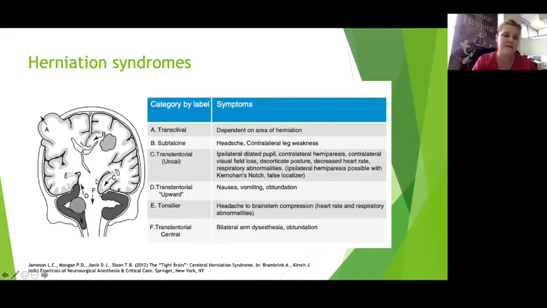But sometimes it can also compress the opposite side of the uncus, and it can give you false localizing signs, so that the lesion isn't actually on the side that you think it is. So just be aware of that phenomenon. It's not safe to perform emergency neurosurgical procedures just based on clinical signs, because you have a 50% chance of being wrong.